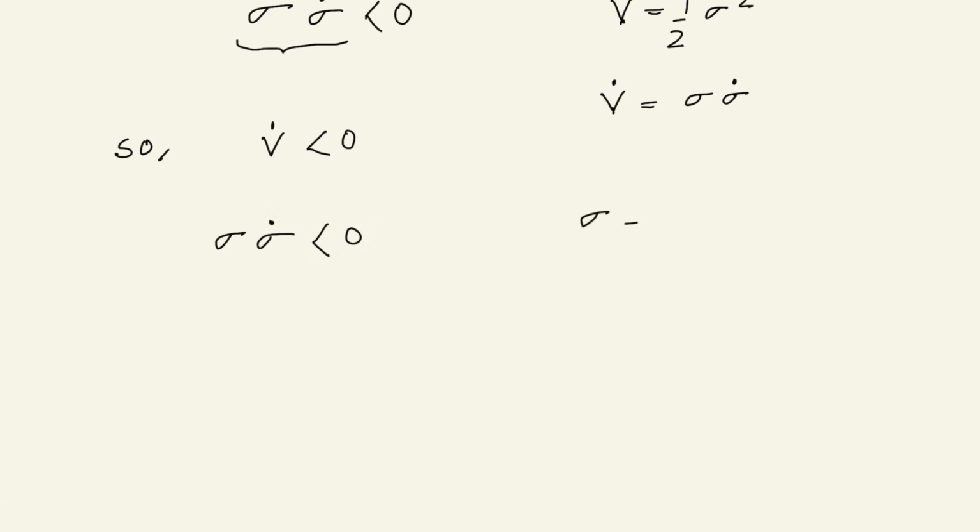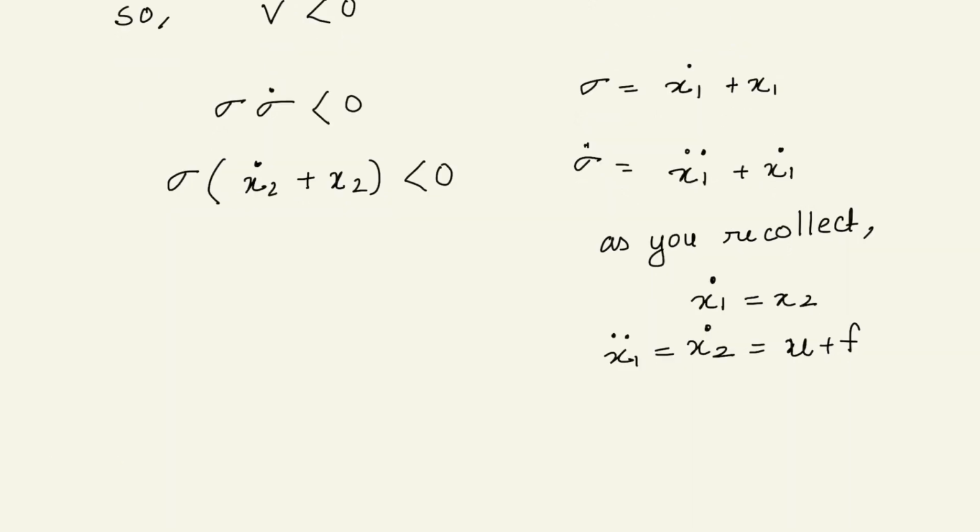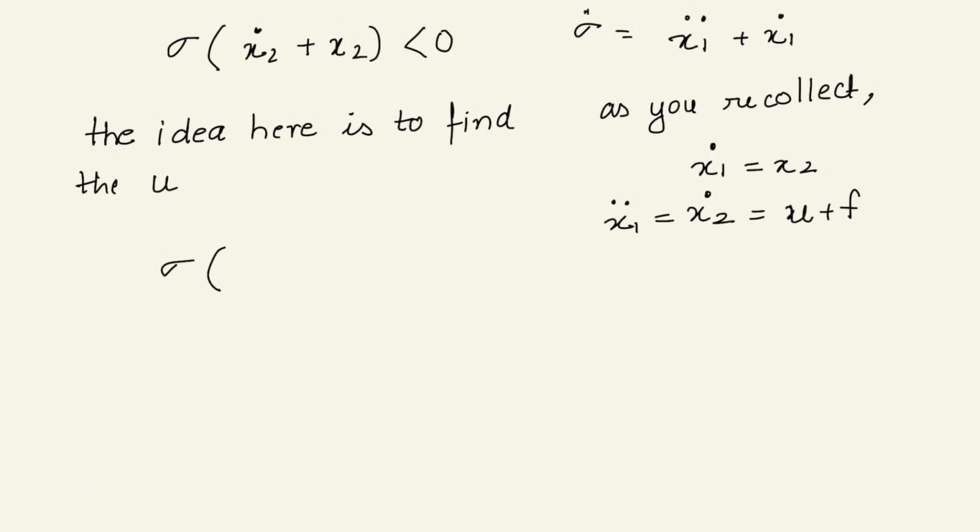So for x2 dot, we will replace it by u plus f. Now putting these values in the equation, we get sigma multiplied by u plus f plus x2 is less than 0.